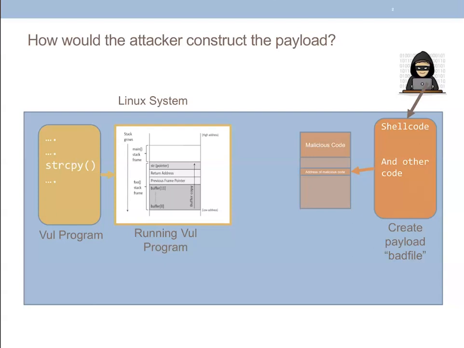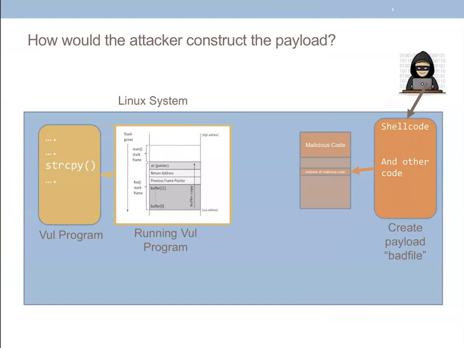Okay, so we talked about how the attacker is going to have a program that's going to create the payload, and then that payload is going to be read into the vulnerable program and overwrites the stack, or smashes the stack, placing the malicious code into the process so it can be run.